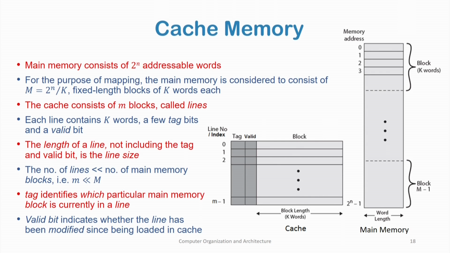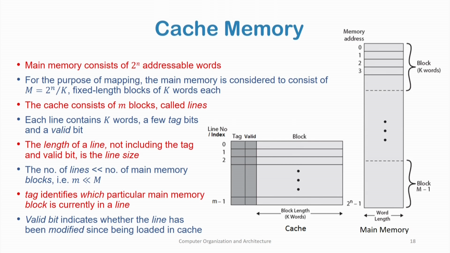Each line contains K words, same as the block size, plus a few tag bits and a valid bit. The length of a line, not including the tag and valid bit, is the line size.